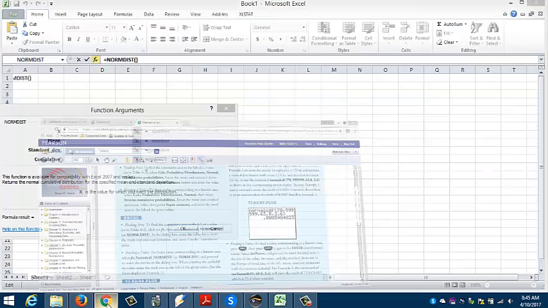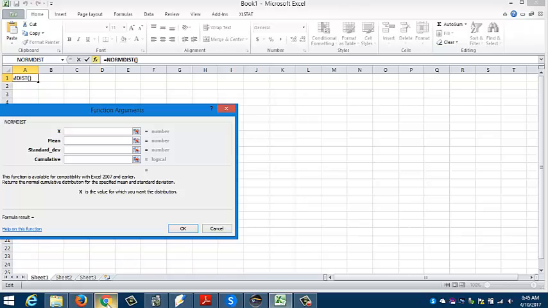So for the x value, I'm going to do 0.35. Then I hit the tab key, and that puts me down to the next box, the mean. What do we want the mean to be? 0. What do we want the standard deviation to be? 1. And then do I want cumulative?